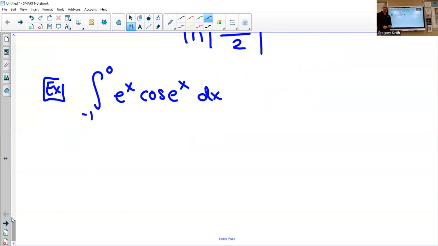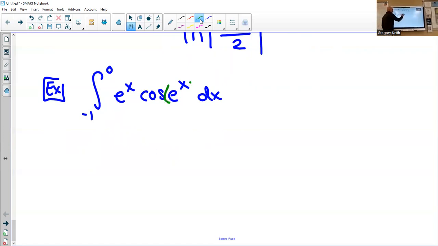So this is another case where they're using something we've already done, but they just threw e to the x in there a couple times. So you gotta think about what your u is gonna be with this. Not cosine.